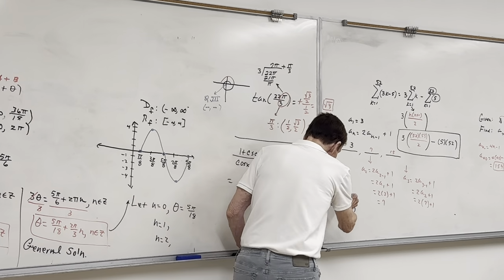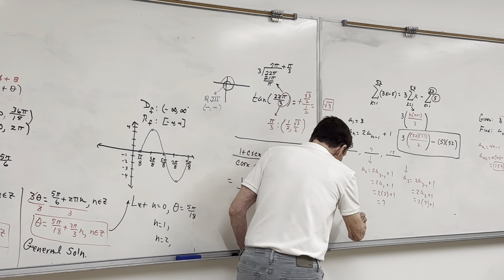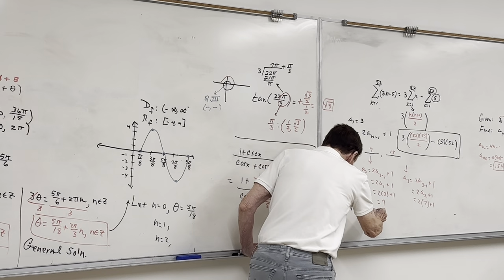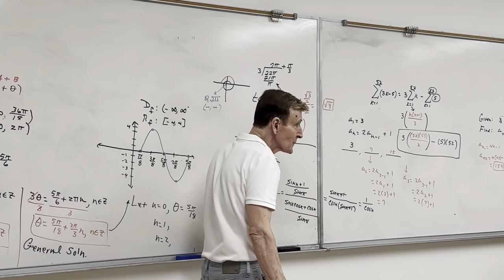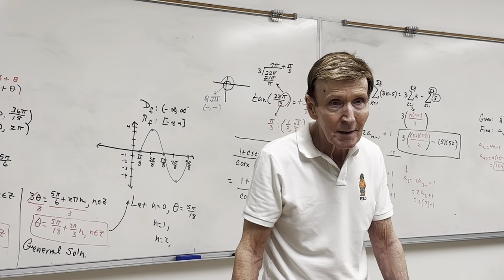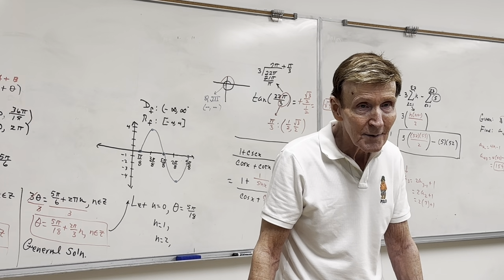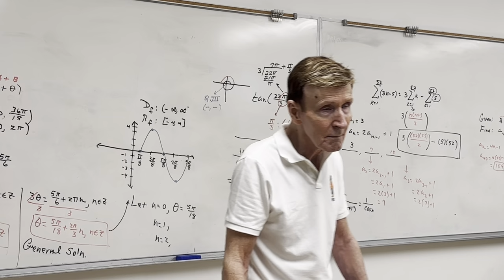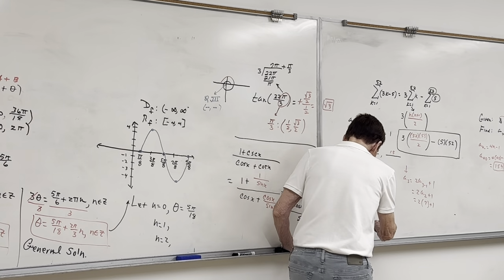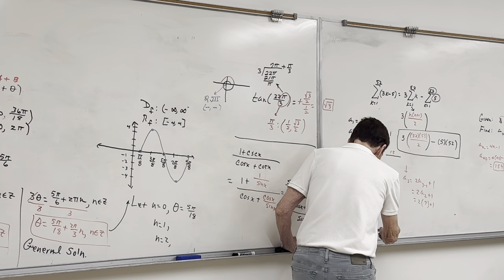These will now cancel. Guys, I'm left with 1 over cosine x. And what's a good name for 1 over cosine x? Don't scare me. What's 1 over cosine? Secant. All this comes down to secant. And there's your answer.